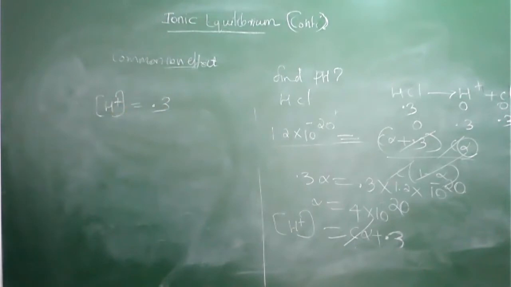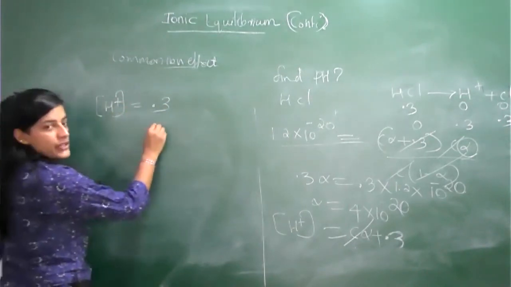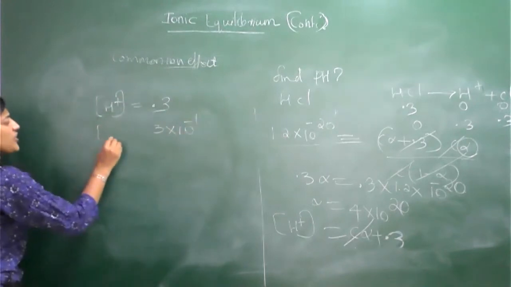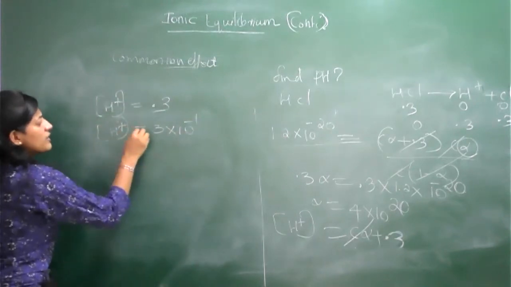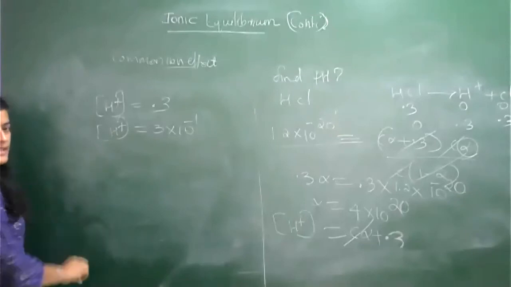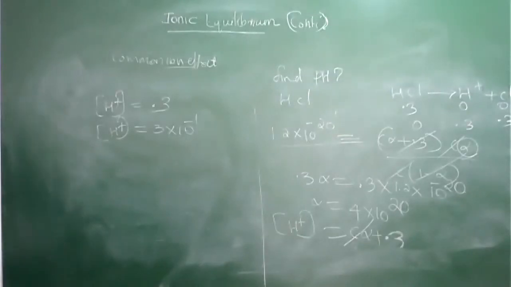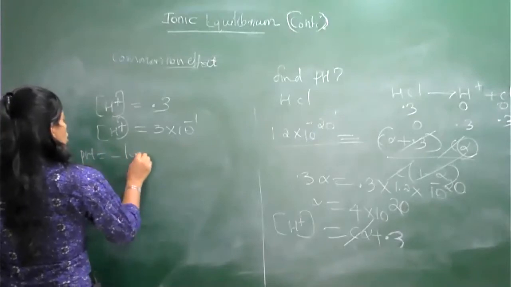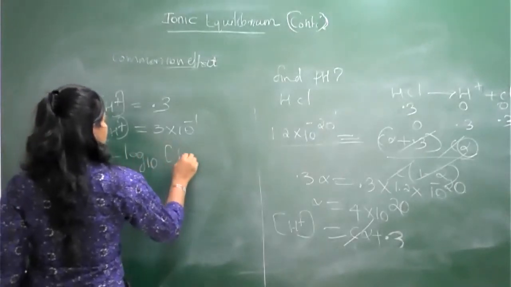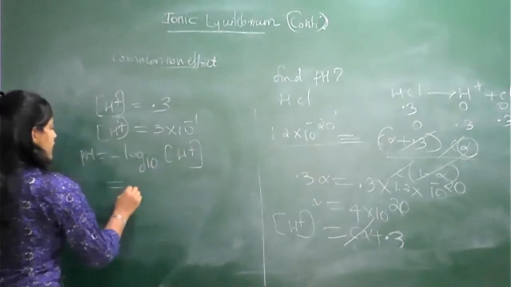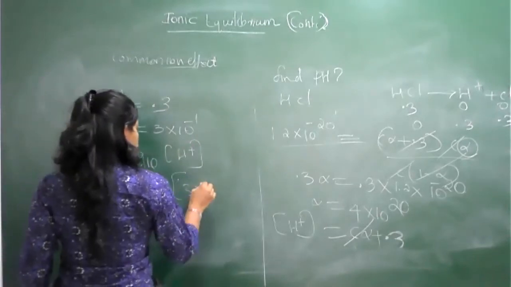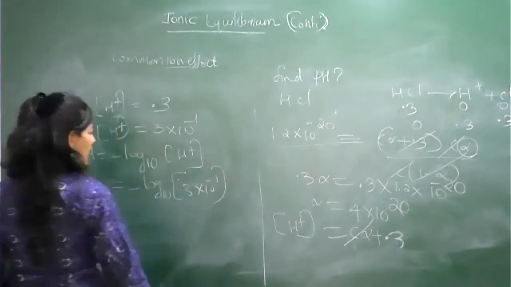Okay, 0.3. How can we convert it into the power of 10 form? 3 into 10 to the minus 1. So H plus is equal to 3 into 10 to the minus 1. So how will we find pH? pH is equal to minus log 10 of H plus ion concentration, which is equal to minus log of 3 into 10 to the power minus 1.